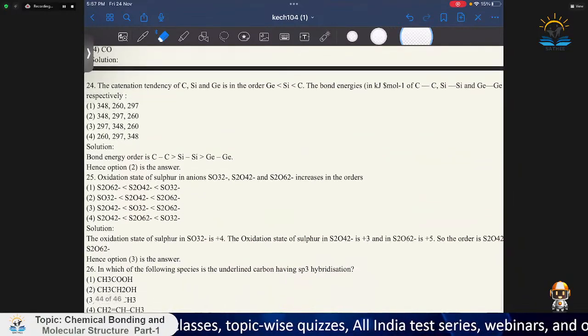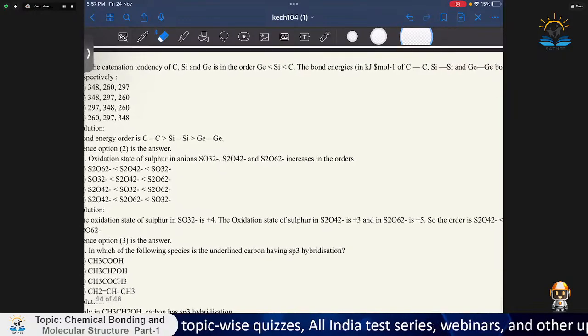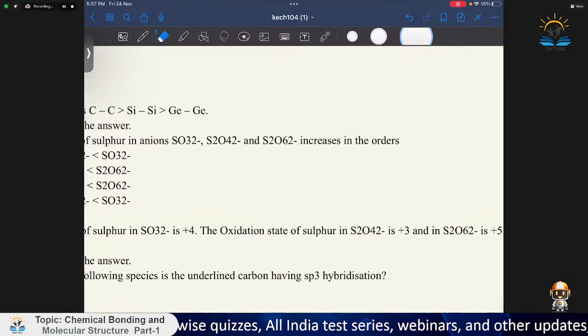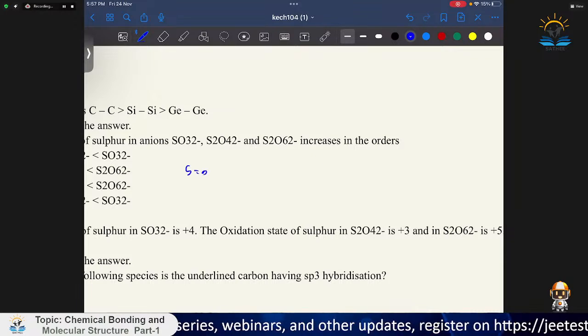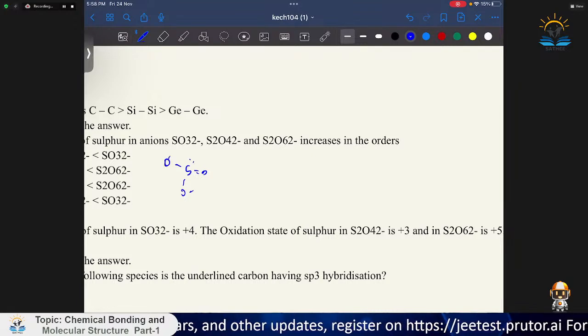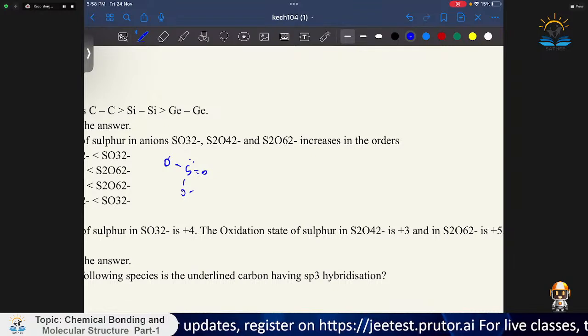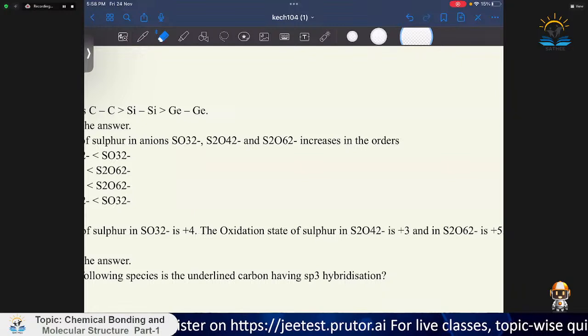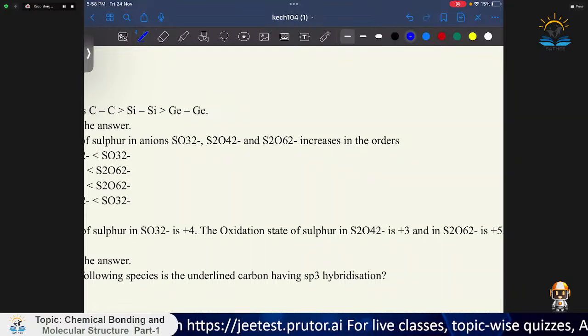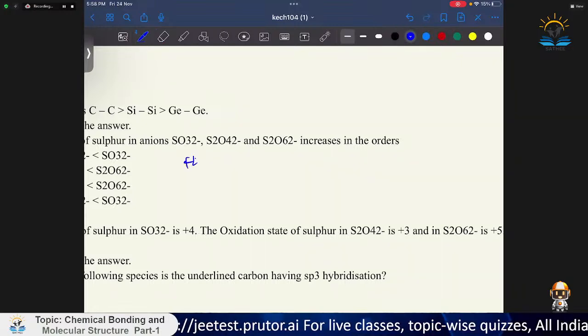Then oxidation state, SO3 2 minus, S2O4 2 minus, S2O6 2 minus. Oxidation state we have to calculate. For SO3 2 minus, this is SO3 2 minus, right? Oxidation state is simply, if we calculate from positive negative charges, +4.